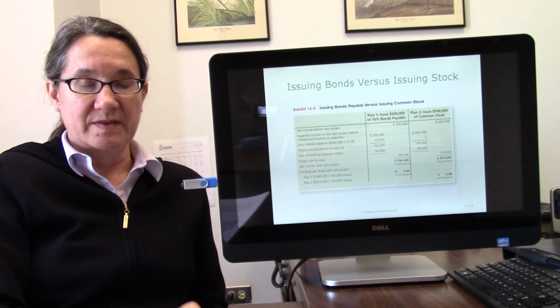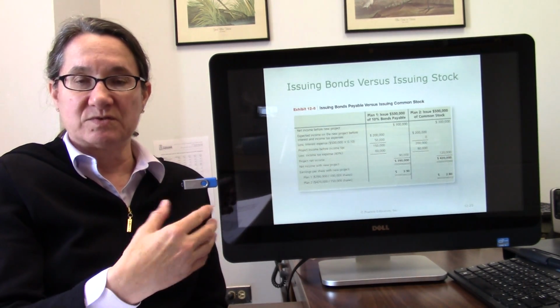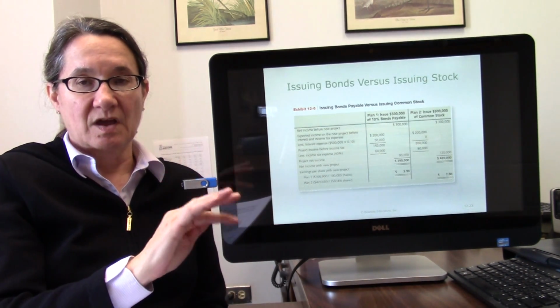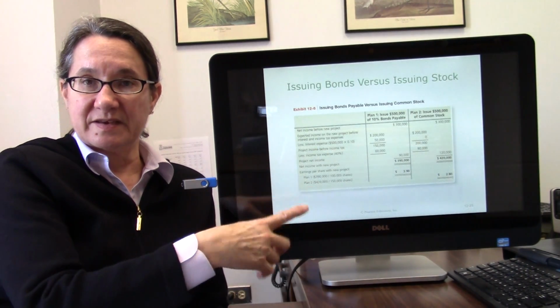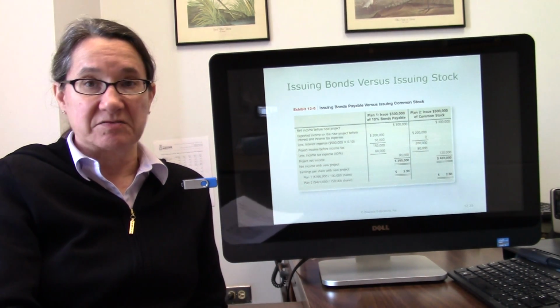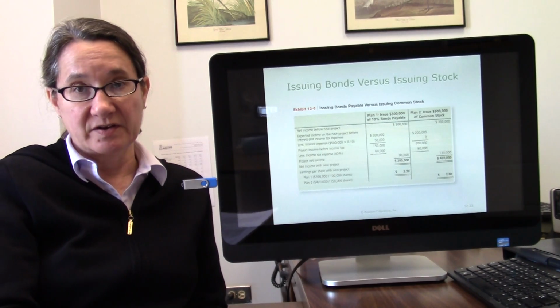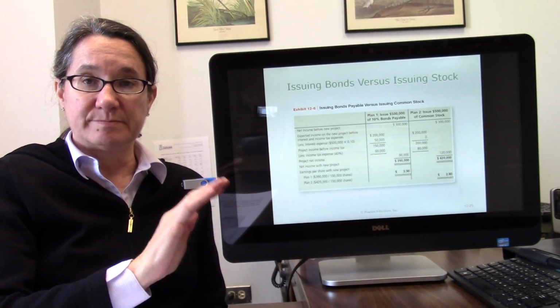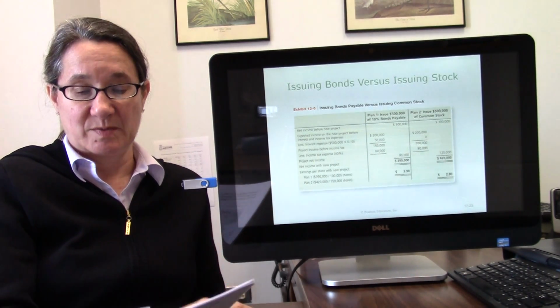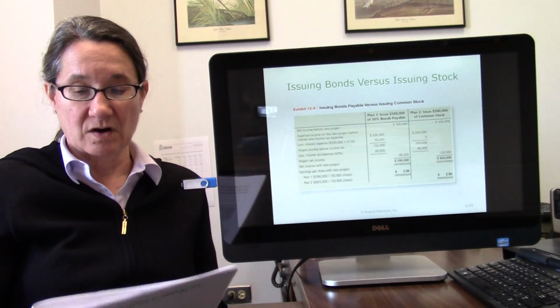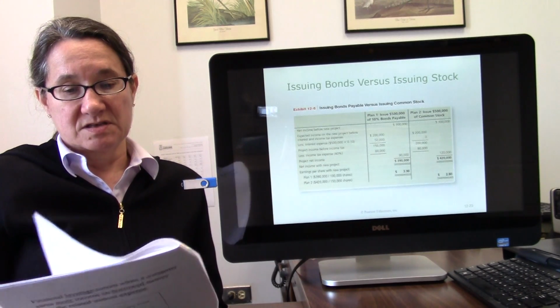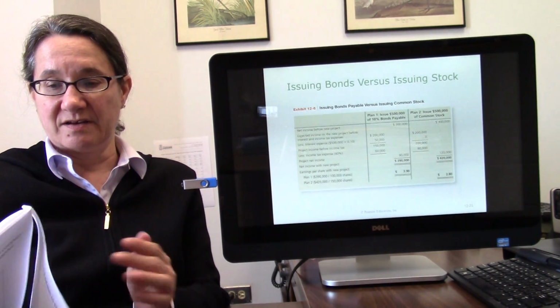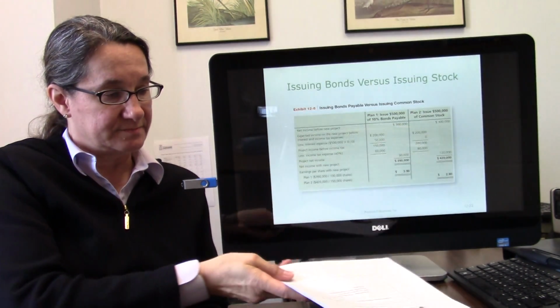Companies go through this whenever they decide, should we issue more stock? Should we borrow money using bonds? They sit down and think about how this will affect earnings per share, and whether they should do it or not. How should we pay for our operations, and how should we pay for our new machines and things like that? So borrowing goes on versus issuing stock.